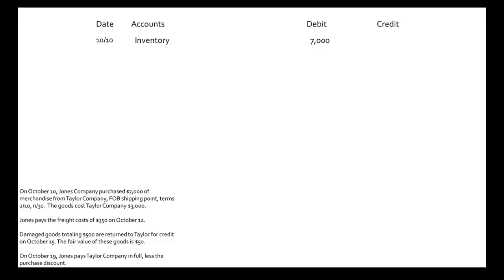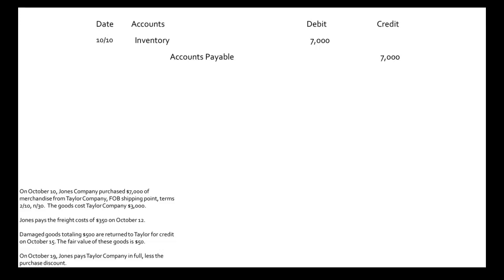So that means that they didn't pay for this inventory on October 10th, right? If we're talking about if you pay us back within 10 days, you get a discount. So whenever you see terms like this, we're dealing with accounts payable, right? Jones Company owes $7,000 right now after making this purchase.